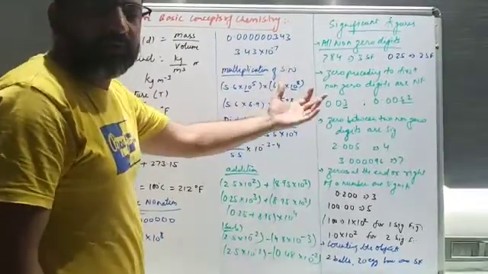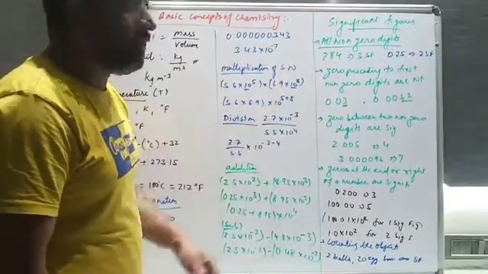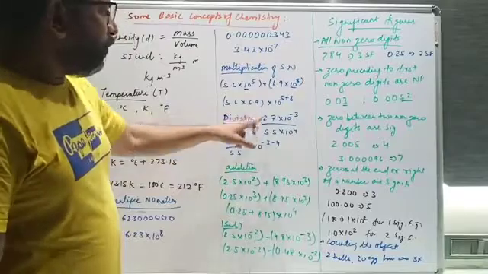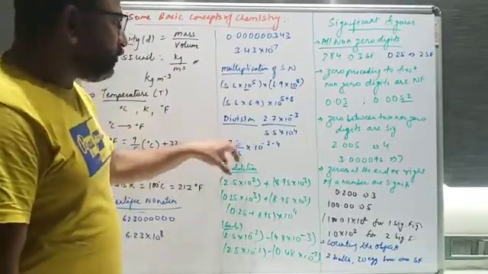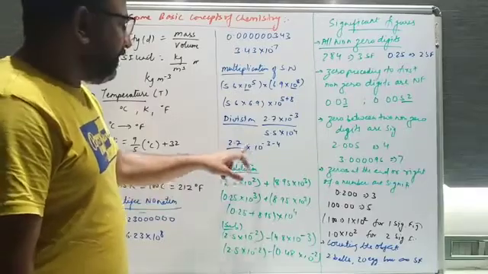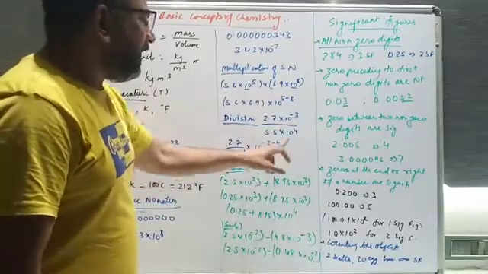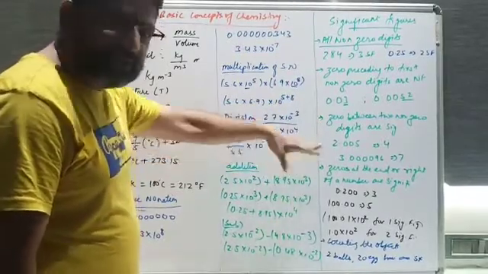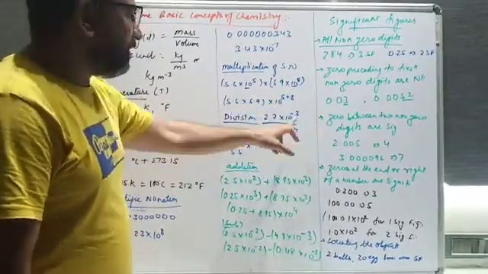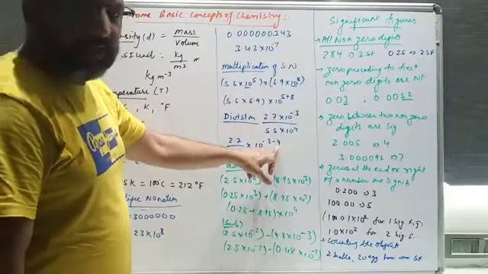If it is positive, it will be converted to negative, and if it is negative, it will be converted to positive. So here 2.7 upon 5.5, you need to divide 2.7 by 5.5. Then 10 to the power minus 3, and I told you that the denominator's power will change sign and be added with this value. So minus 3 and minus 4.